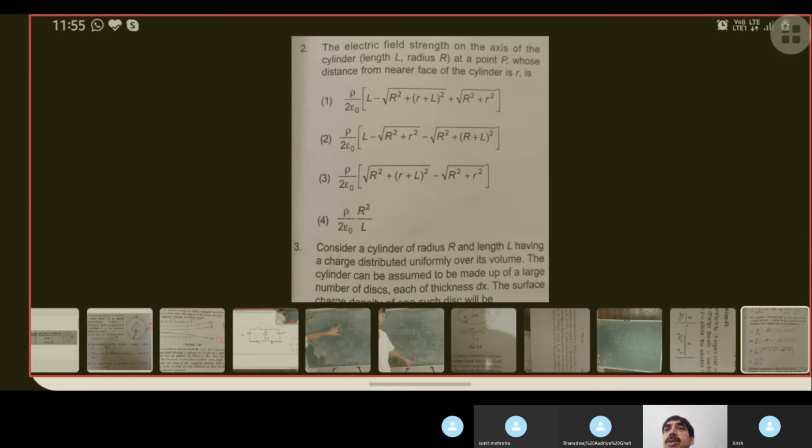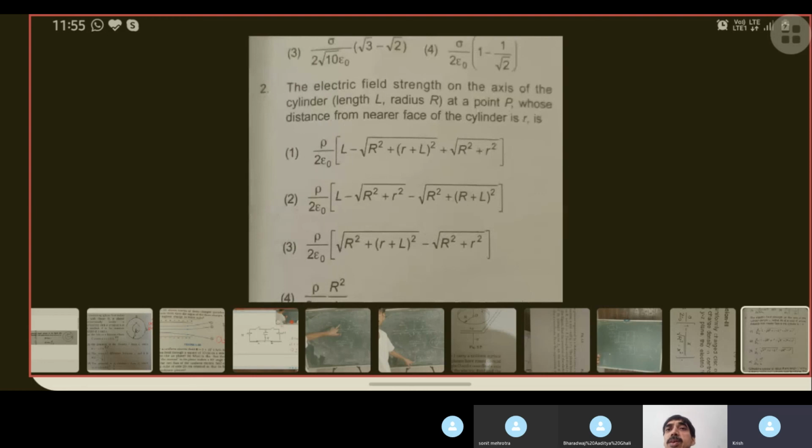Can you read the first line, Krish? The electric field strength on the axis of a cylinder of length L and radius R, at a point P whose distance from the nearer face of the cylinder is small r.